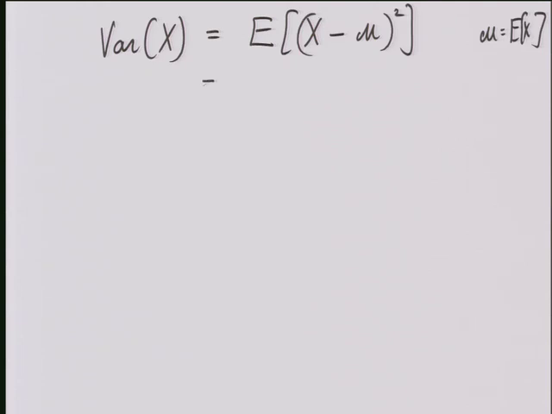And then we computed this formula for the variance. It was the expected value of x squared minus the expected value of x, whole thing squared, or mu squared.